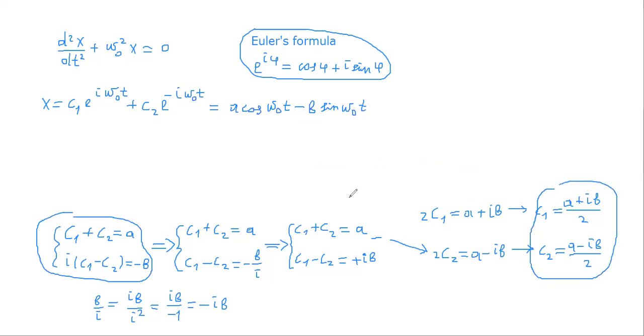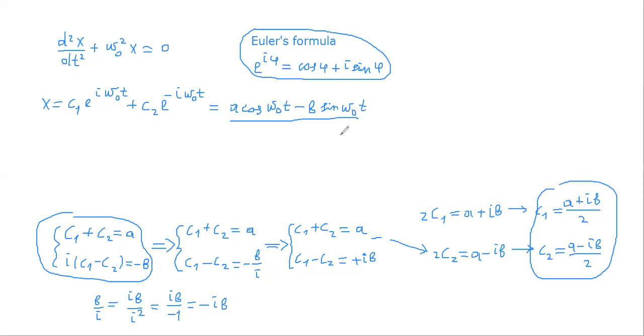Using this formula. But this second form, A cosine omega 0 t minus B sinus omega 0 t, is much more useful than the previous form. Why? Because it doesn't contain complex numbers.